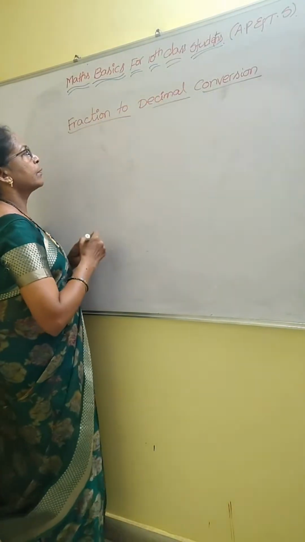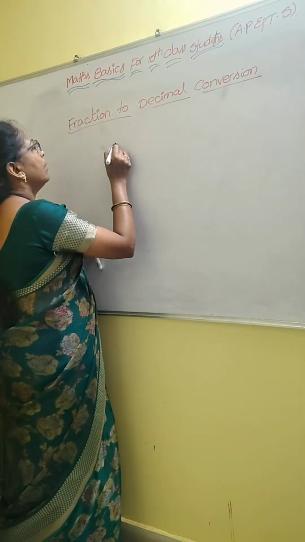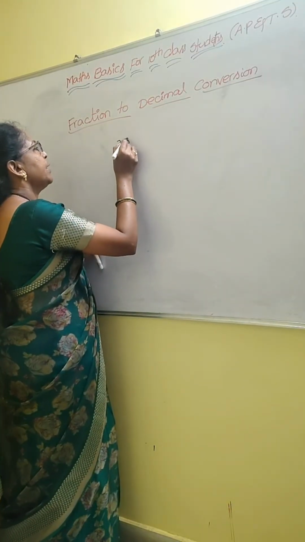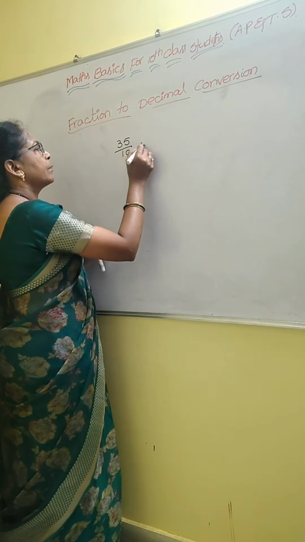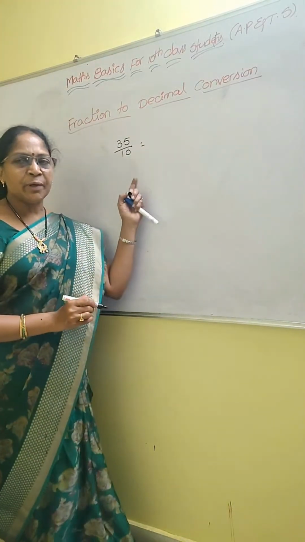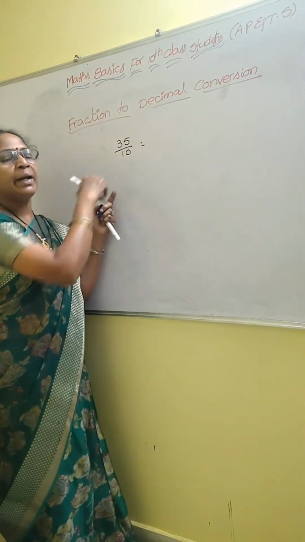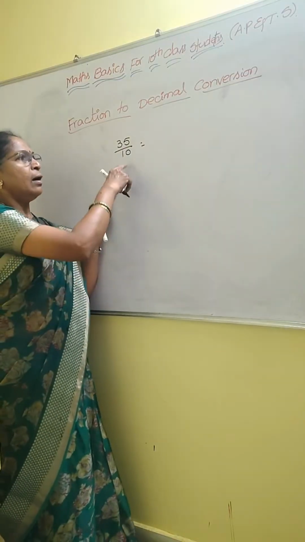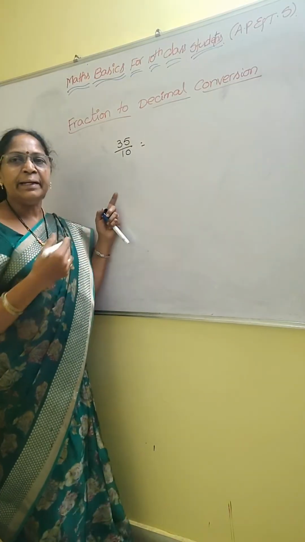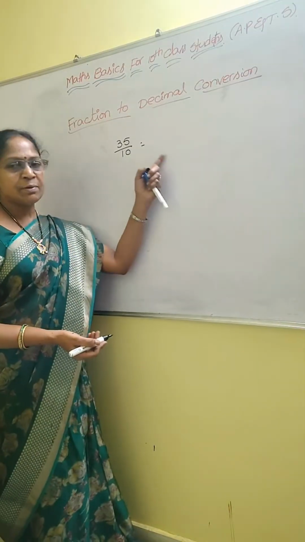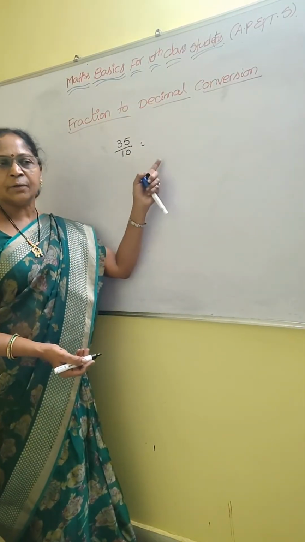Here 35 by 10. This is one of the fractions, 35 by 10. Write this value as a decimal number. Convert this fraction into decimal.